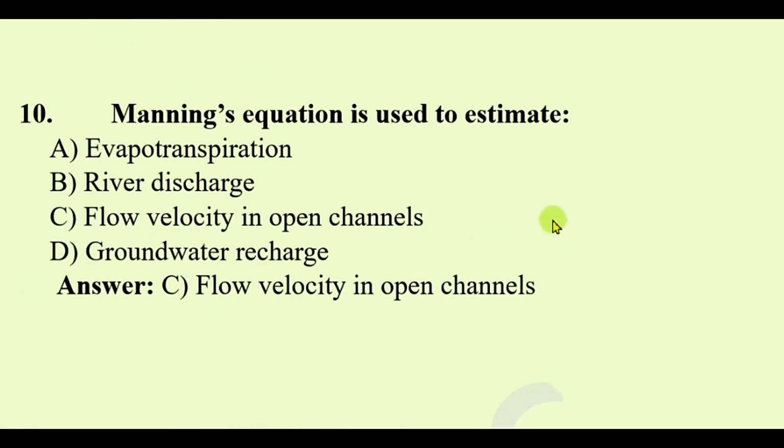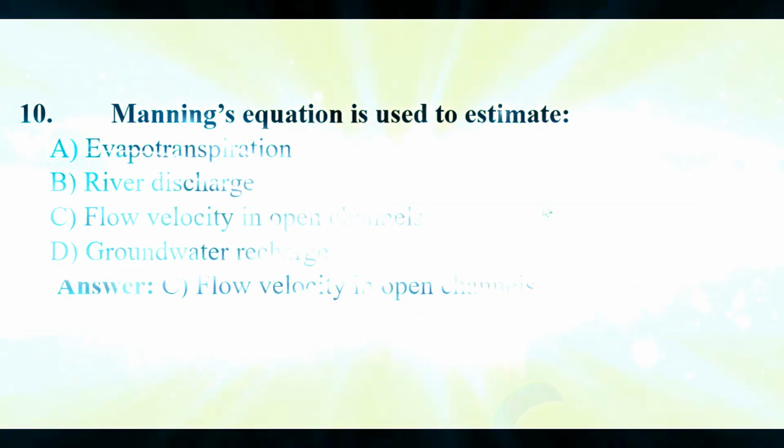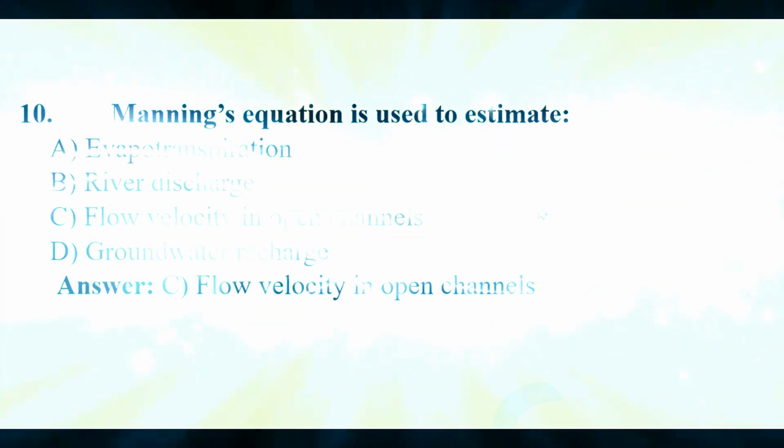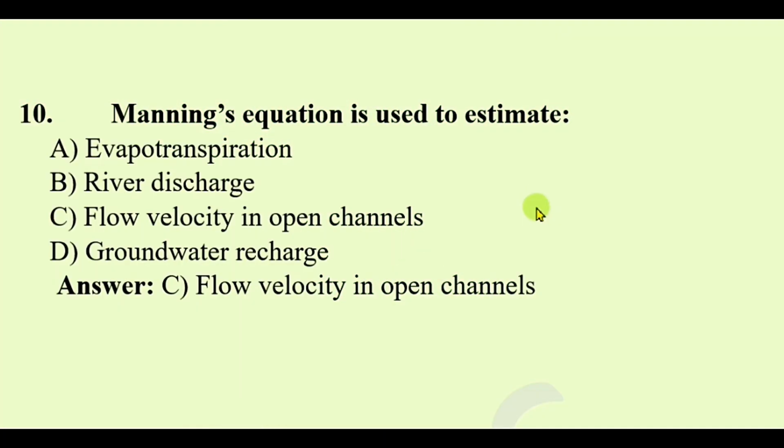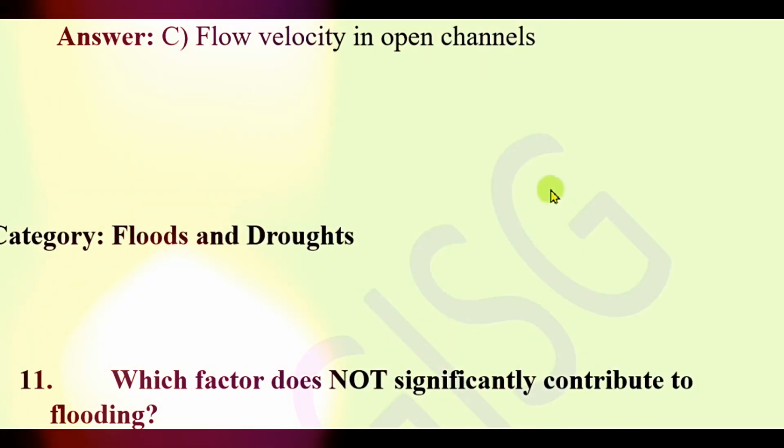Question 10. Manning's equation is used to estimate evapotranspiration, river discharge, flow velocity in open channels, groundwater recharge. So the right answer will be flow velocity in open channels.